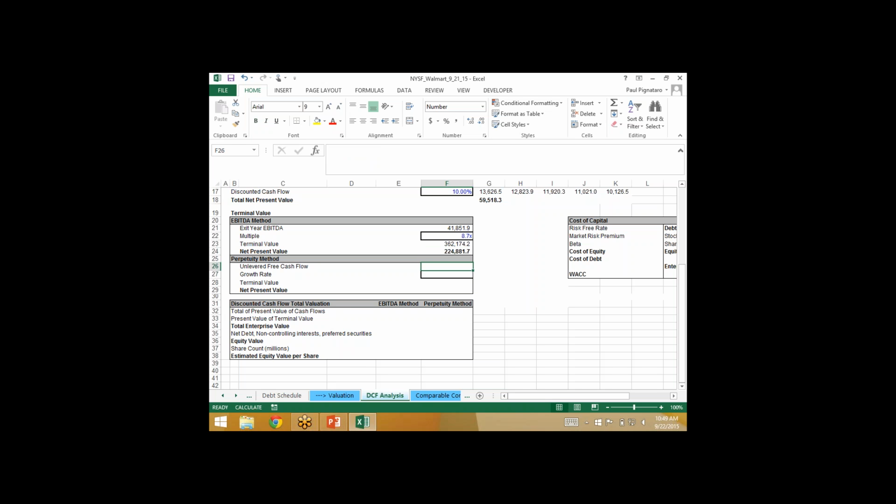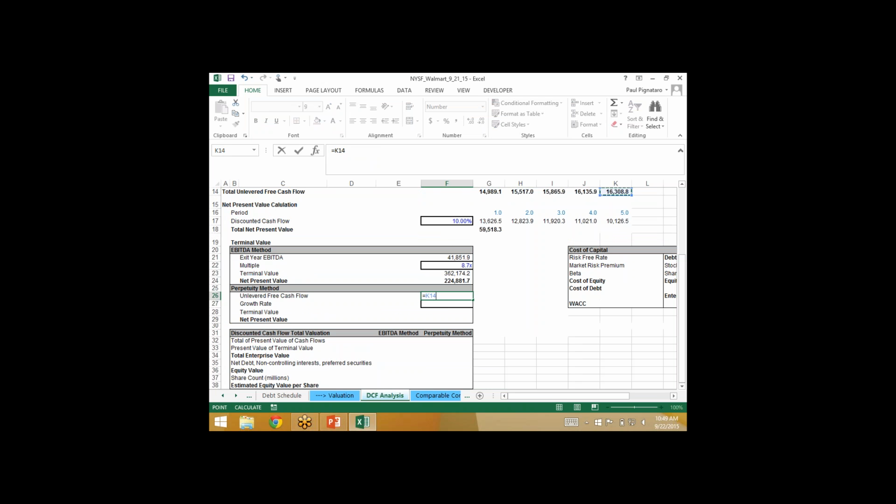Perpetuity method starts with the last reported unlevered free cash flow. I mean, the last calculated, not the discounted. A lot of people make that mistake in the second test. It's the unlevered free cash flow. Growth rate gets tricky. A lot of people say you might read in books 3 to 4%. I think it's high for this market. Let's start with 1%. I forgot what I did in the book. I did 1? Okay.